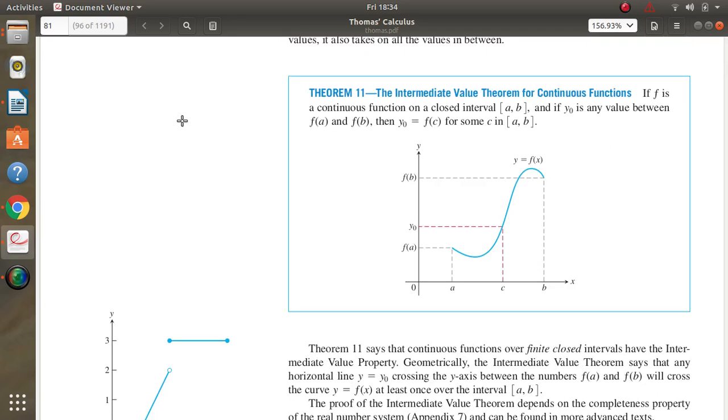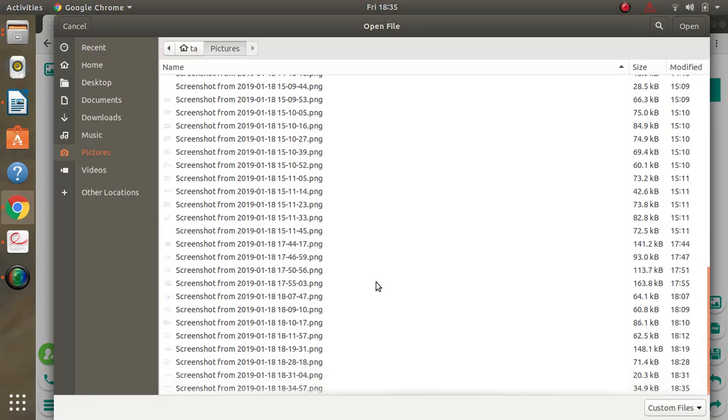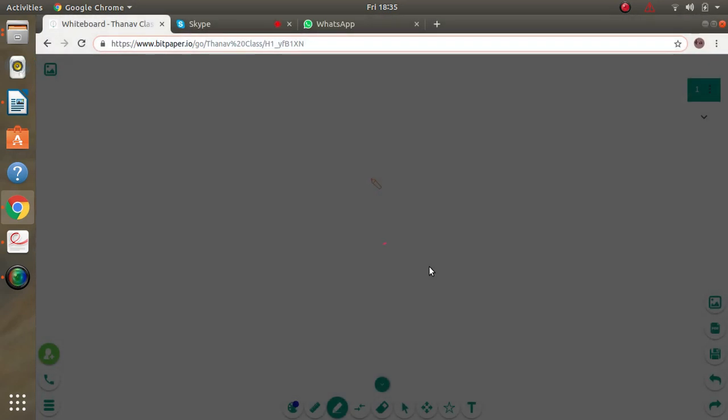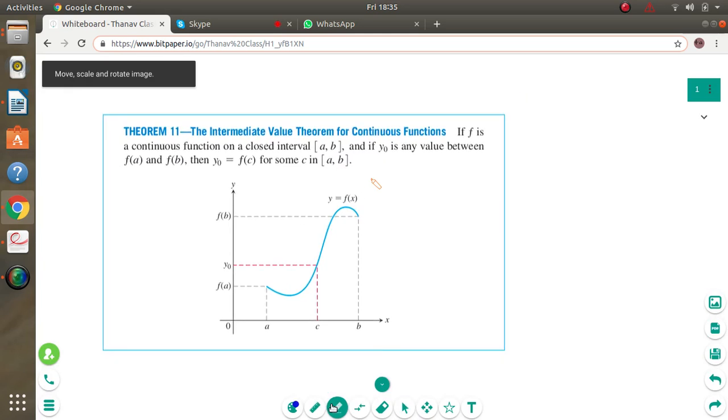Now here we have the intermediate value theorem for continuous functions. Theorem 11 is the intermediate value theorem for continuous functions.